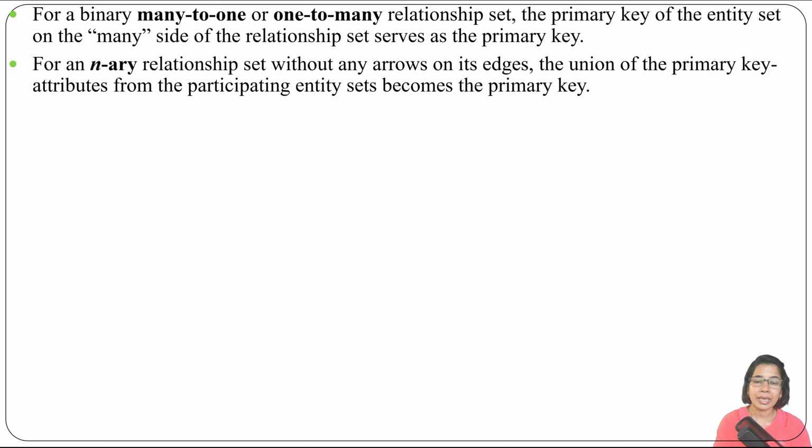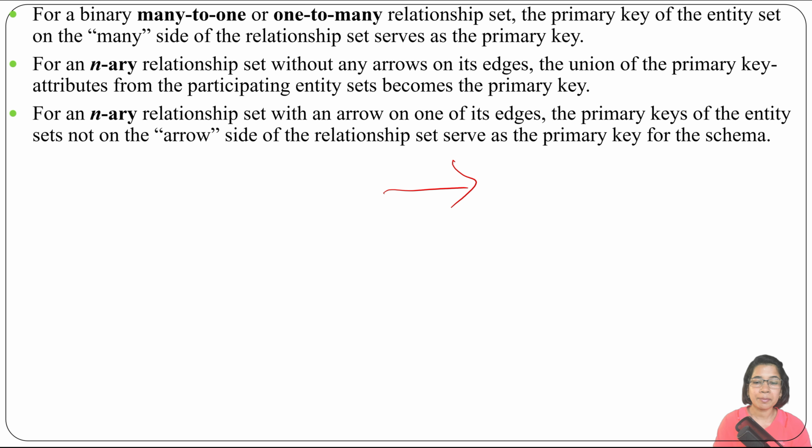And for an n-ary relationship without any arrow on its edges, we generally use an arrow for the one side, right? If there is no arrow, it means there is no many to one relationship, and the union of primary keys of all the entity sets will become the primary key. And if there is an n-ary relationship with an arrow, then except for that arrow entity set, the union of all other entity sets' primary keys will be the primary key.